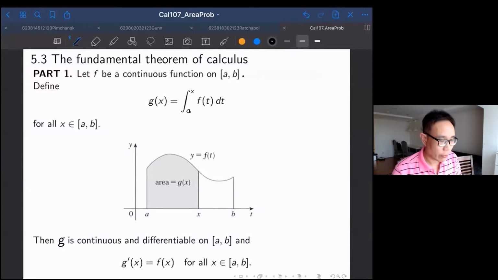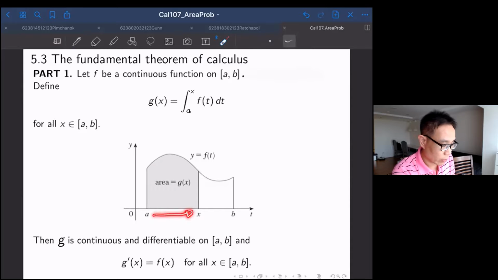We define function g by g(x) equal to the integral from a to x of f(t) dt. You can imagine g as the area under the curve y equals f(t) from a to x.